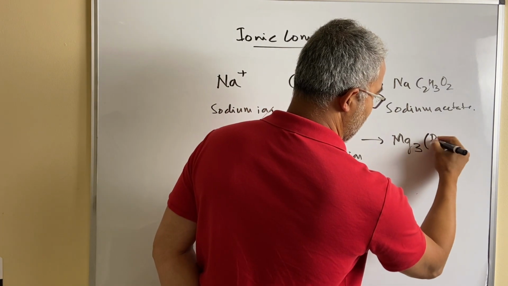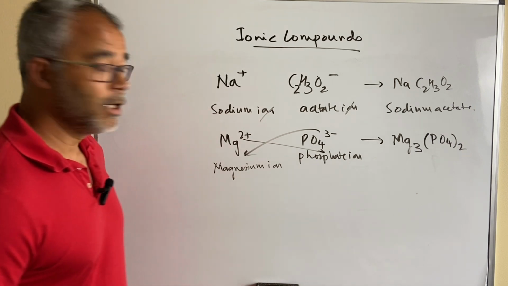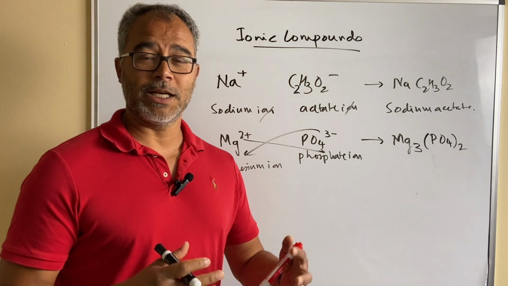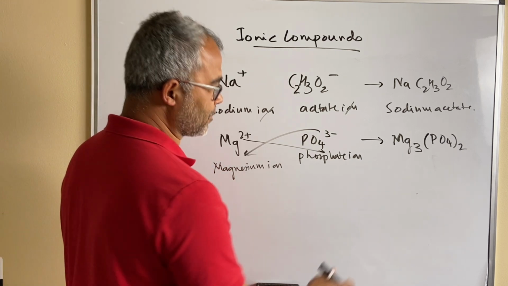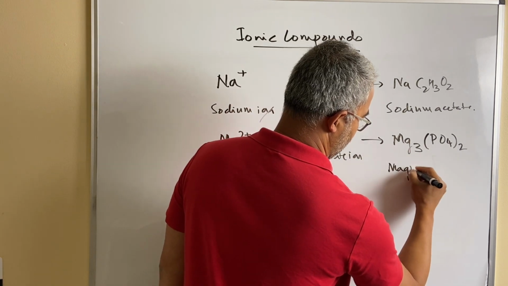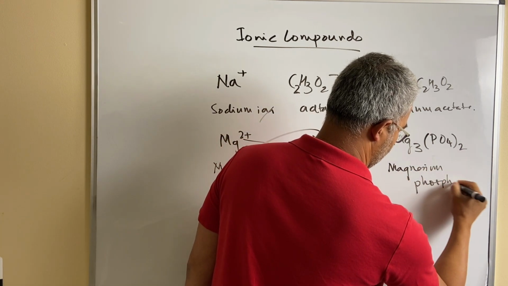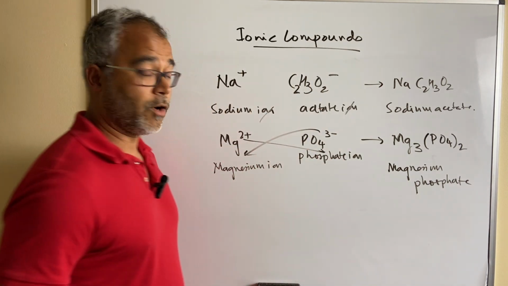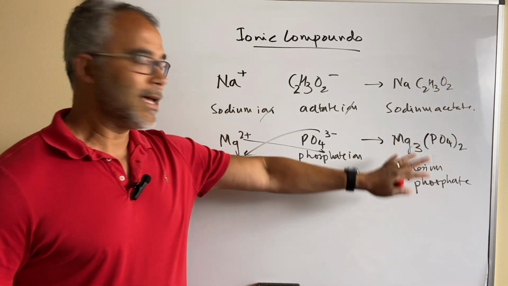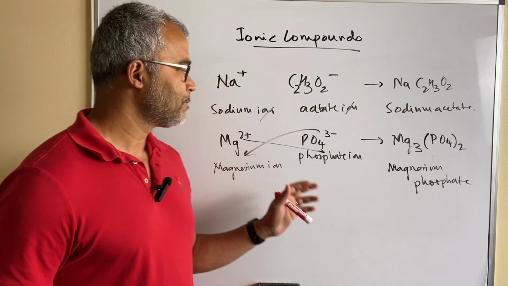So to denote that, you want to put the phosphate in parentheses and then put the two outside. Don't ever fail to put the polyatomic ion in parentheses when you have more than one. Okay. So that's going to be called magnesium phosphate. Okay. Very simple. So now that we understand this, the rules are kind of the same. Don't have to worry too much about it.